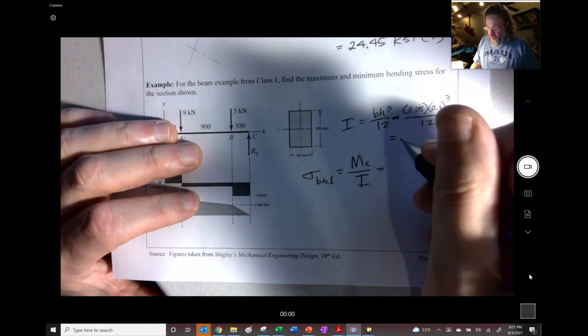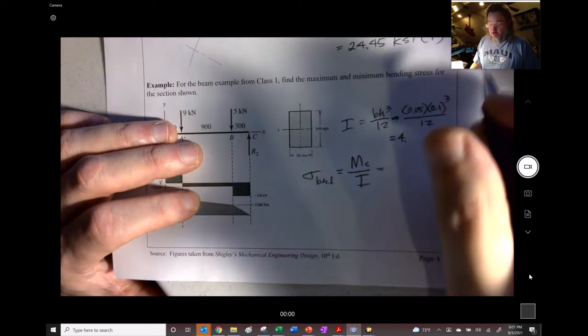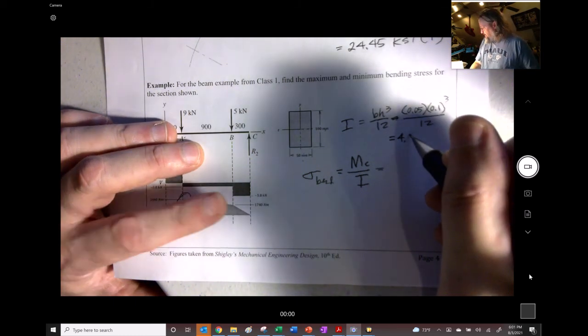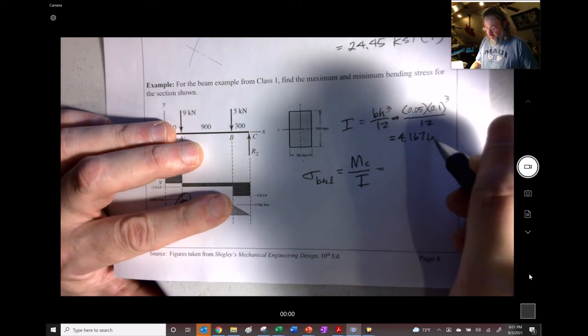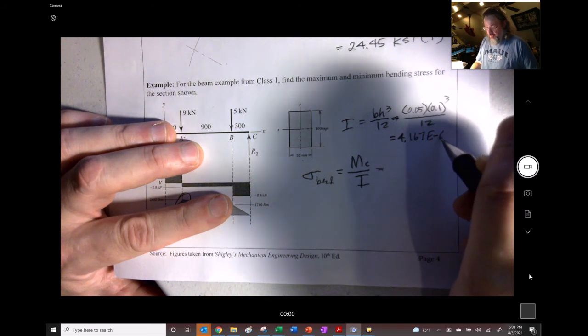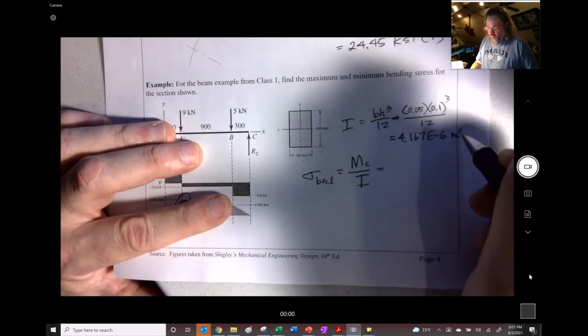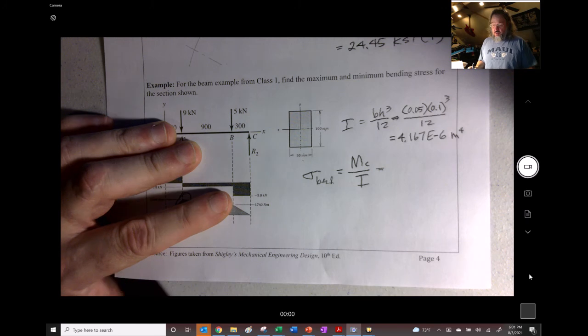So I like to use scientific notation because my calculator is always in that anyway. Minus 6 m to the fourth right there.